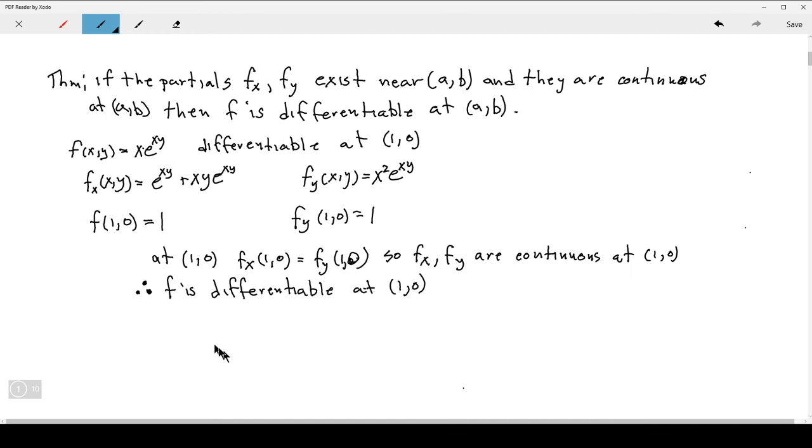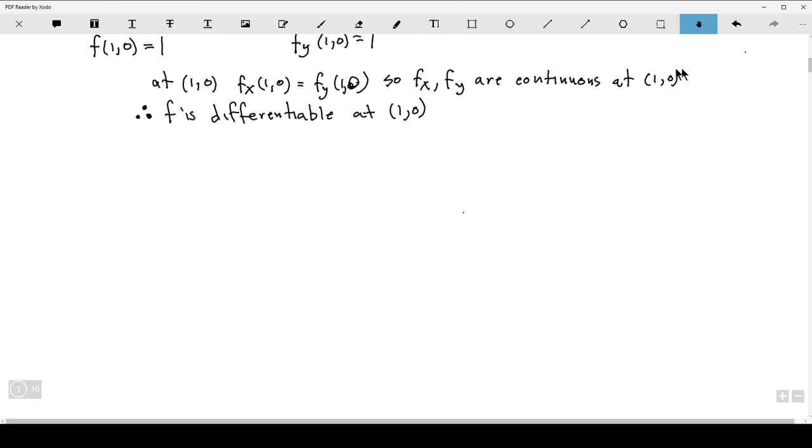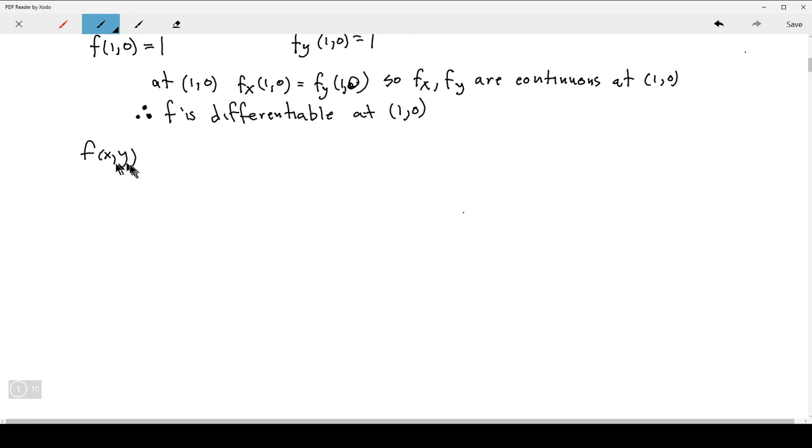So I'm going to go back to, hang on a second, I need more room. Okay. All right, so now if I want to write the differential, an approximation at that point, I'm going to use my tangent plane, and we're going to go this way with it. This is what it's going to look like. F of xy, which is our z.